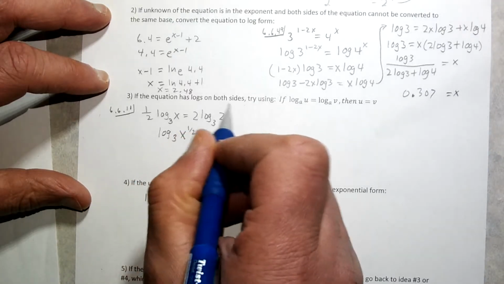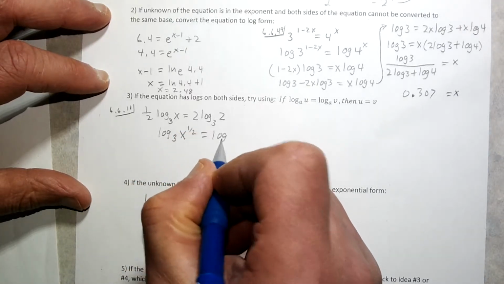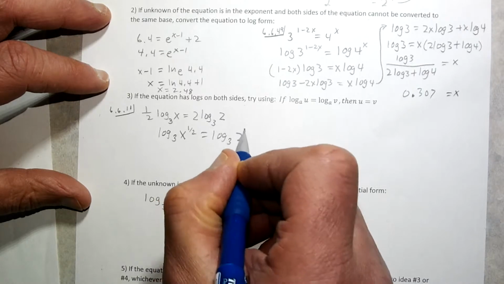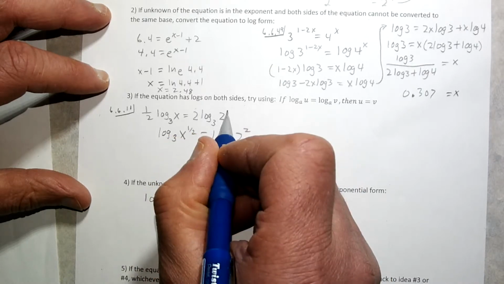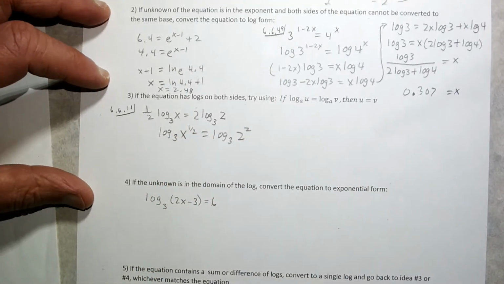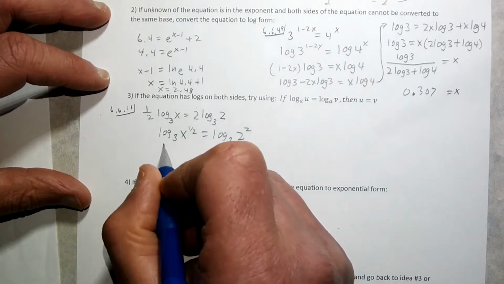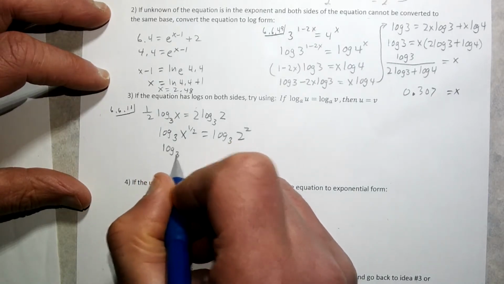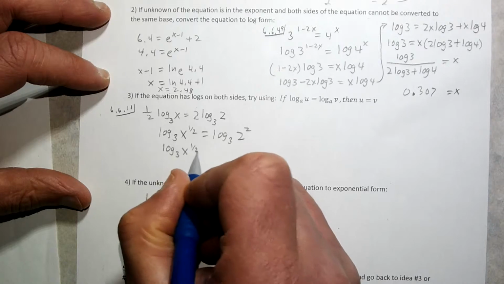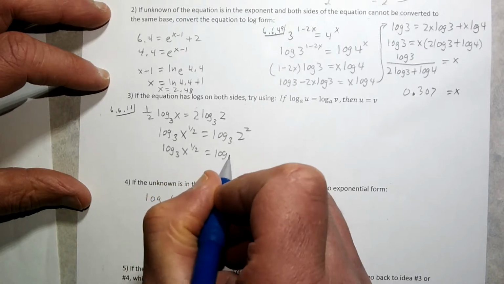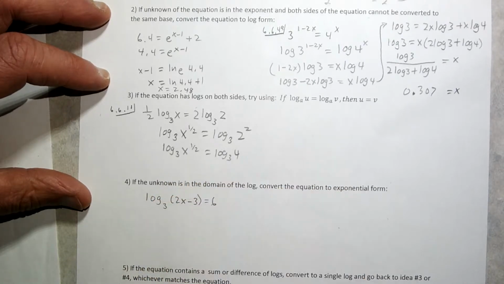I'm going to do the same thing here. I'll have the log base 3 of 2 to the 2nd power. I'm bringing this up as an exponent. So this now is the log base 3 of x to the 1/2 is equal to the log base 3 of 4 because of 2 squared.